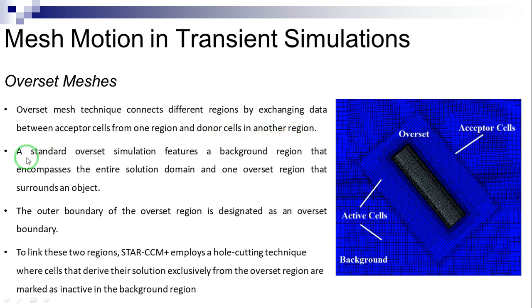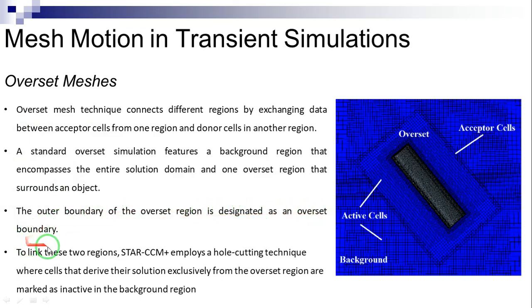A standard overset simulation features a background region that encompasses the entire solution domain and one overset region that surrounds an object like a boat hull or an airfoil. The outer boundary of the overset region is designated as an overset boundary.